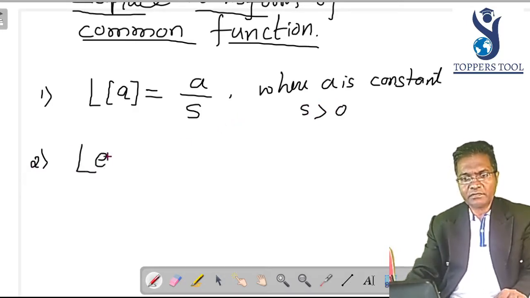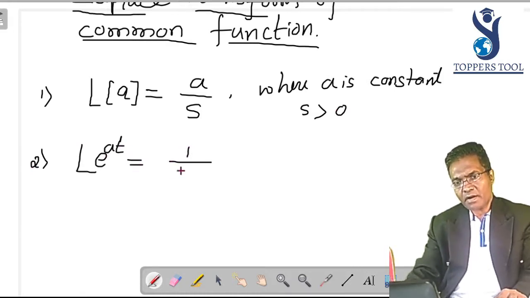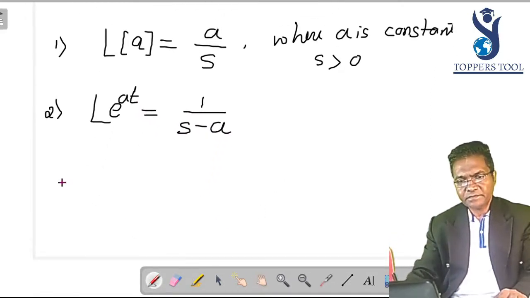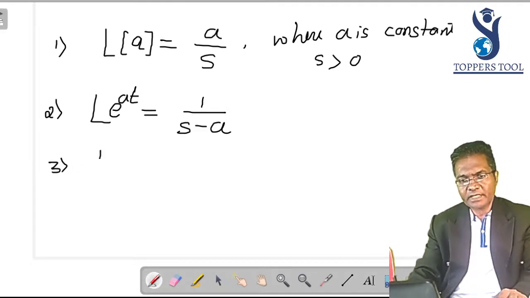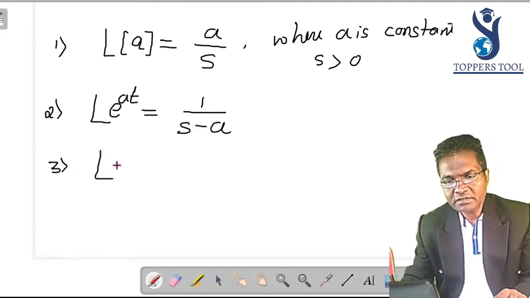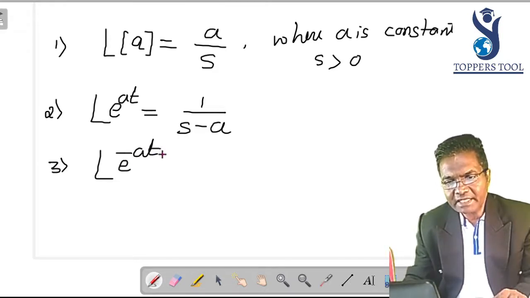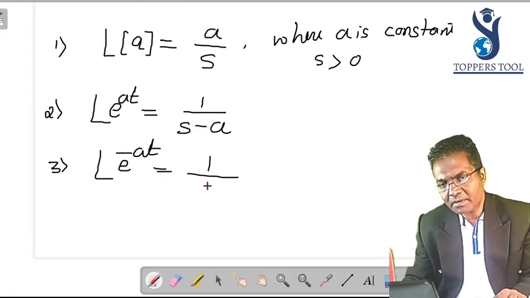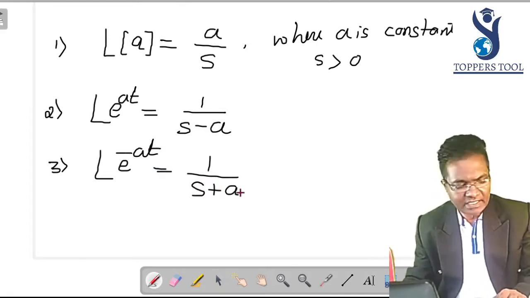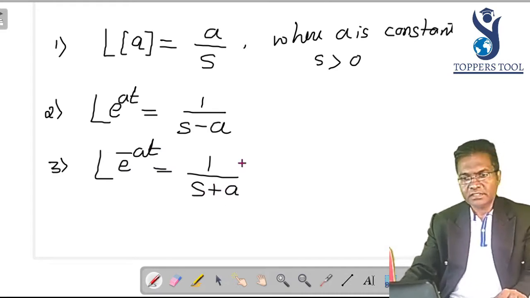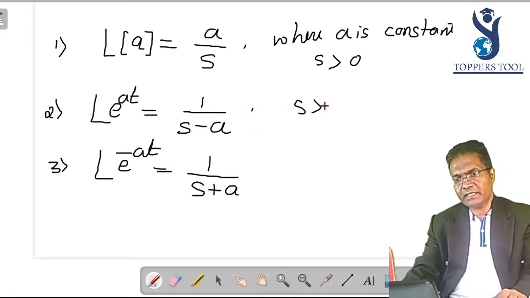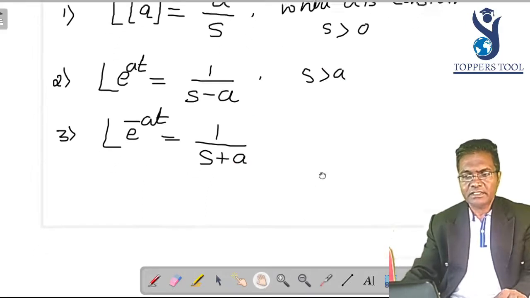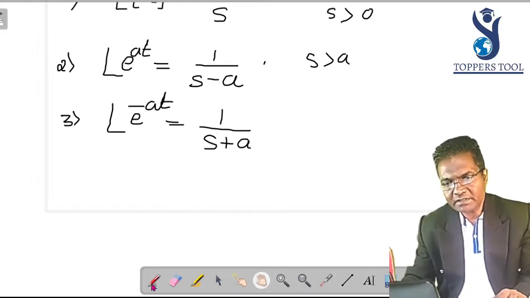Laplace transform of e power at is 1 by s minus a. I will be proving it in the next section. Laplace transform of e power minus at is 1 by s plus a. In this case s has to be greater than a, otherwise it becomes infinity.